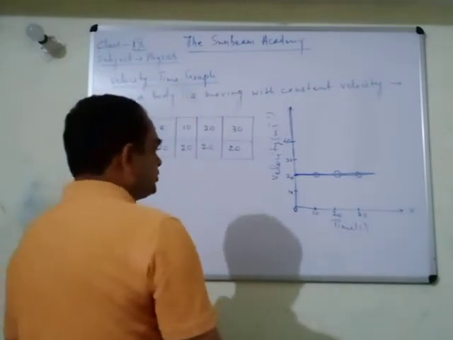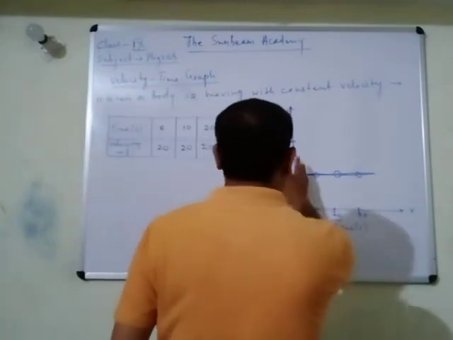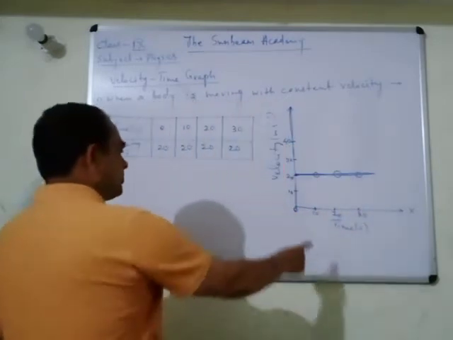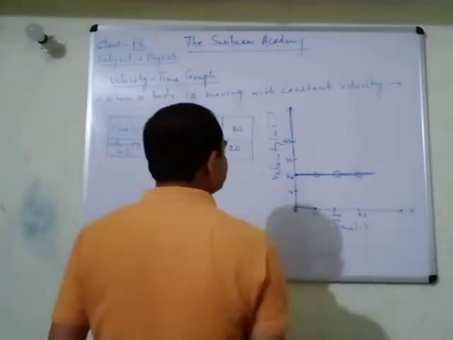Now we have to discuss how we calculate the acceleration of the body. Slope of the velocity time graph will give the acceleration.